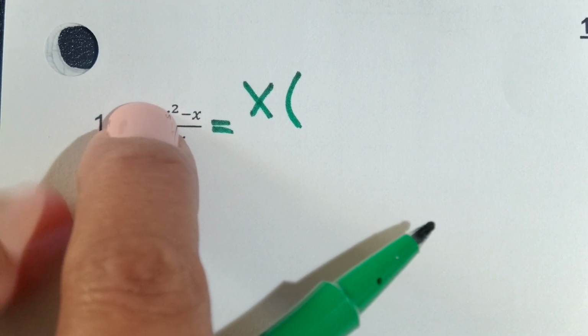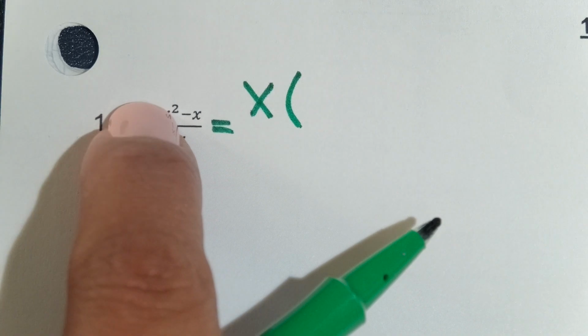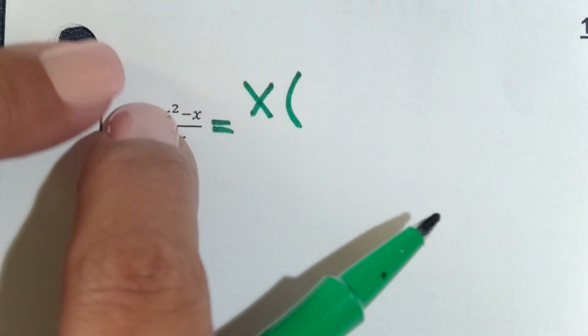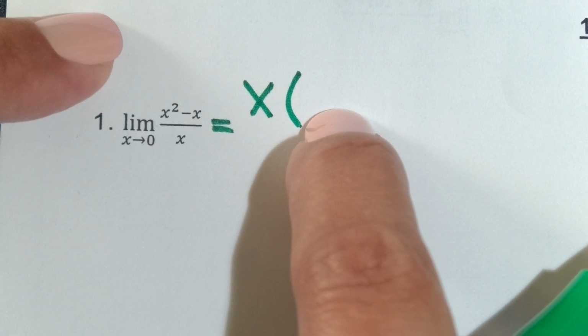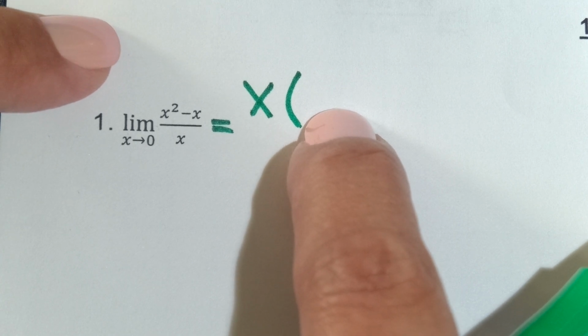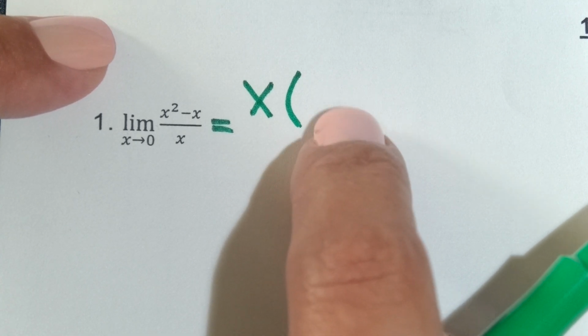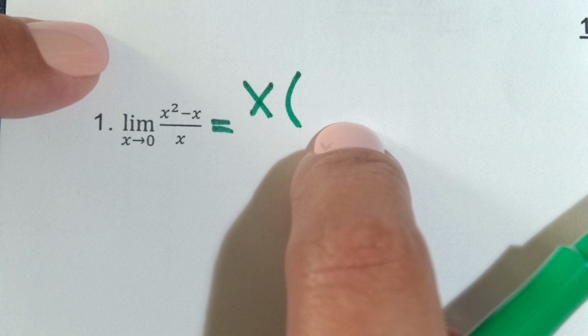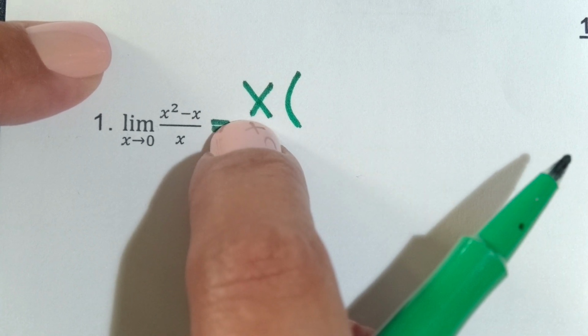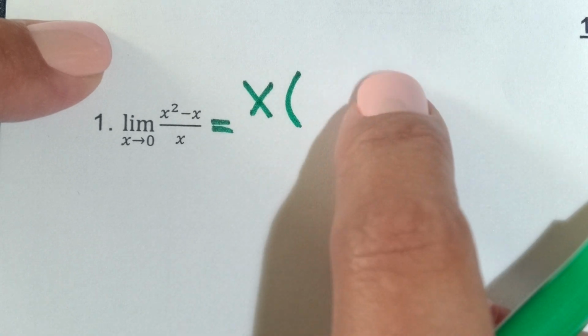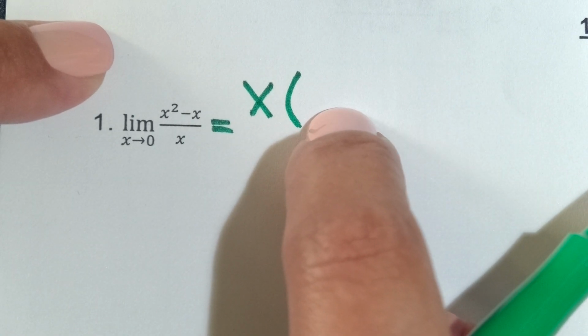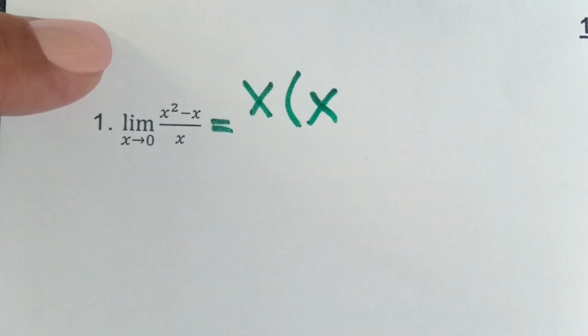How many x's do I have here? 2. So then how many more do I need in parentheses? We have 1 here. We need 2. How many more do I need? 1 more. Questions?